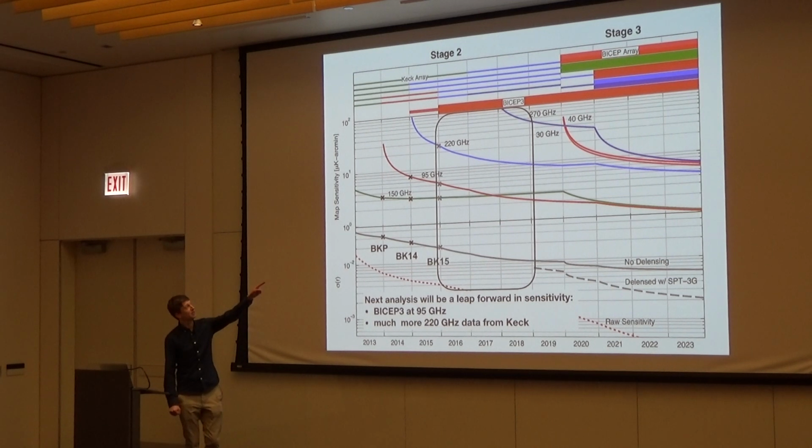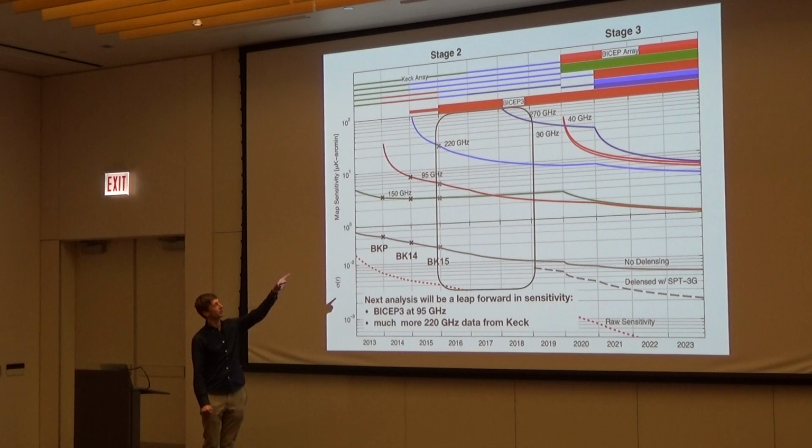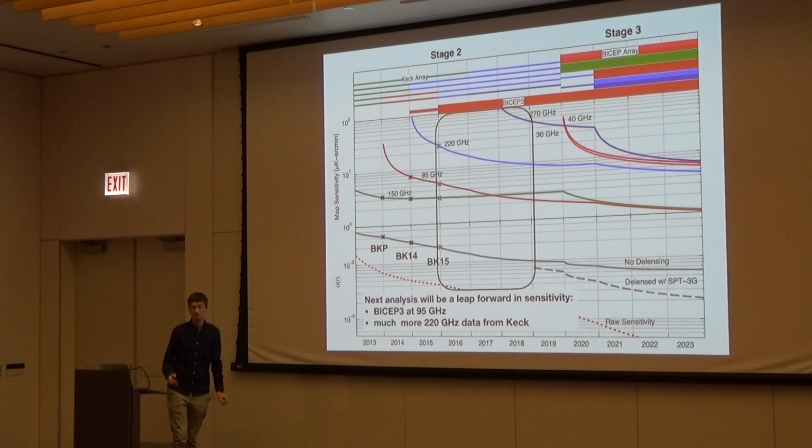Then in the upper right, you can see, starting in 2020, BICEP Array coming online. First coming online at the low frequency, those two shades of red are meant to be 30 and 40 gigahertz low frequency receiver, and 150 gigahertz in green. So that's not far away from happening.